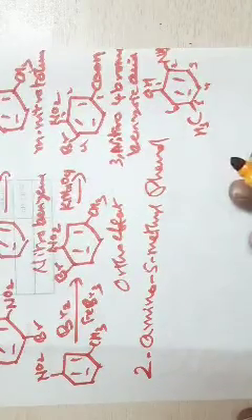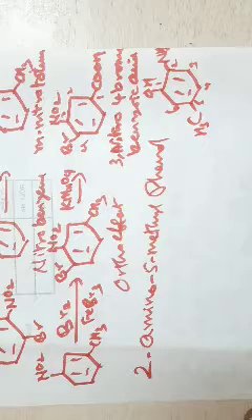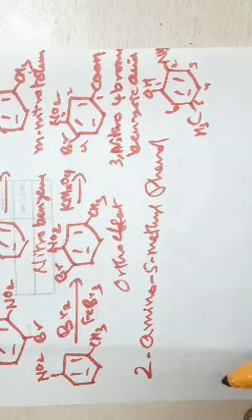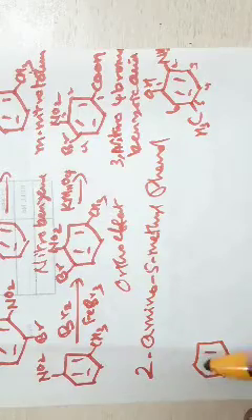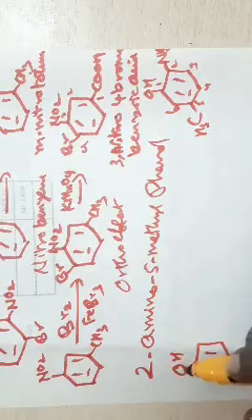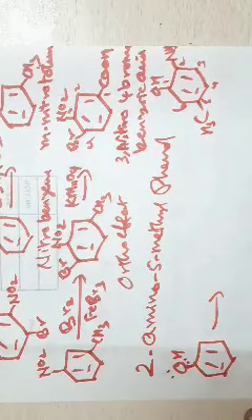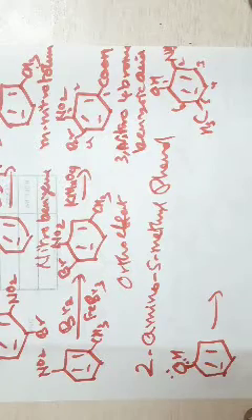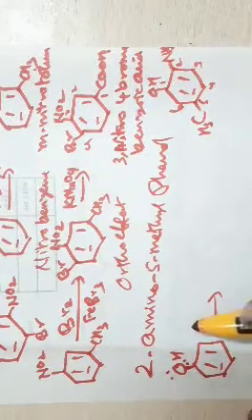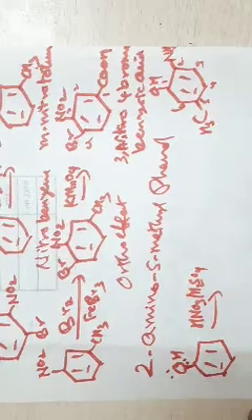So what I do is, I start the reaction with the phenol. The OH group is highly activating and ortho-para-directing. So I don't use the concentrated sulfuric acid and nitric acid mixture, the nitrating mixture.